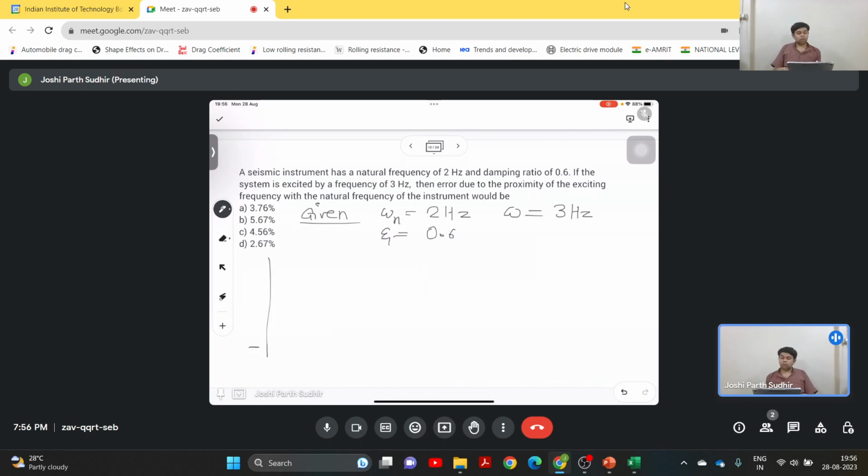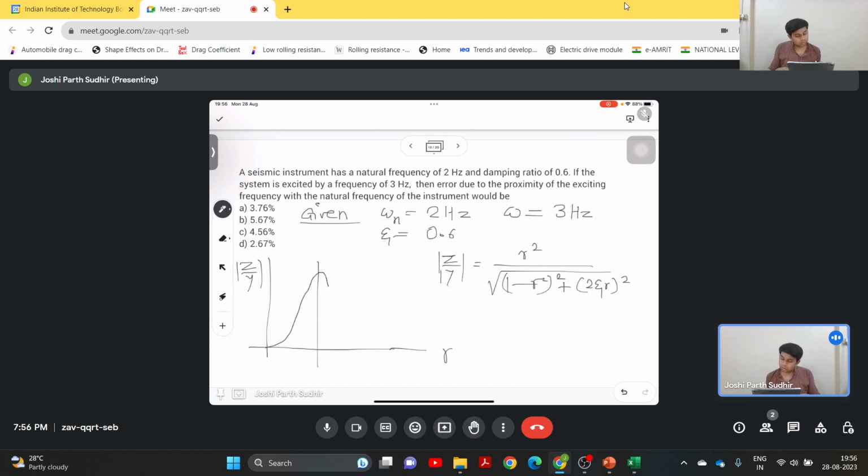So if we look at the plot of the amplitude ratio z by y, which is given by our usual equation of r square upon square root of 1 minus r square whole square plus 2 zeta r whole square, the amplitude ratio with respect to r initially increases.